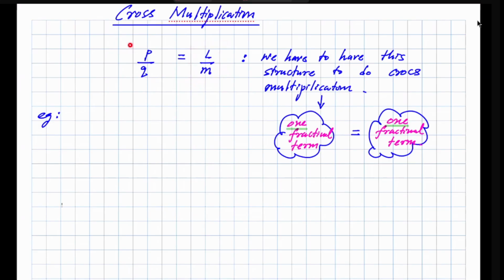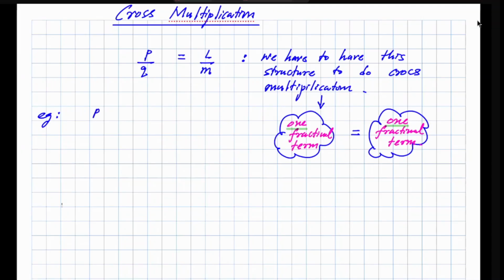This term can be a fraction and also this term can be a fraction, right? So that is what I'm explaining here. I'll give you a few examples so that we can understand this better.